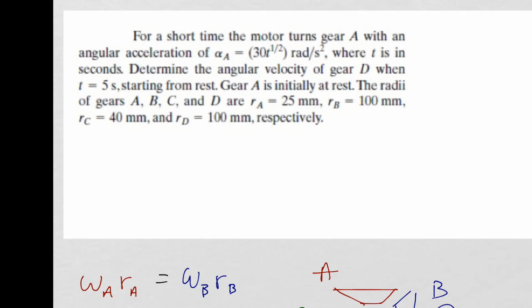What the question is telling us is the gear A with angular acceleration given as a function of time. And what the question asks us to look for is the angular velocity of gear D, from A transmitting the power to the final gear D, when t equals 5 seconds.